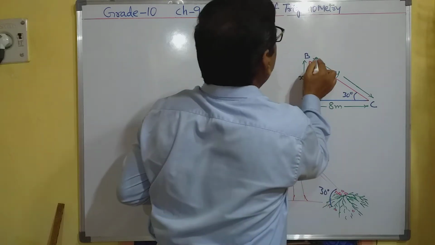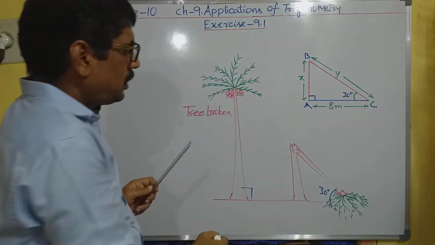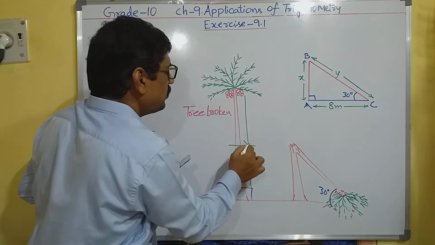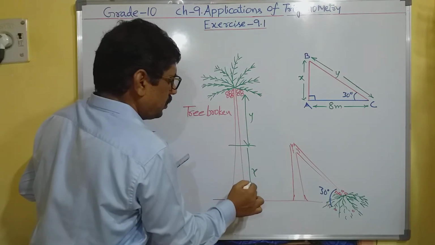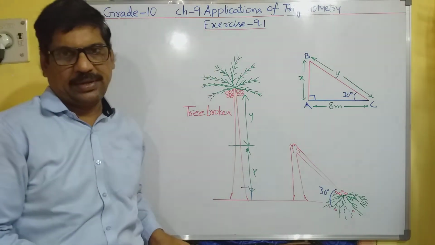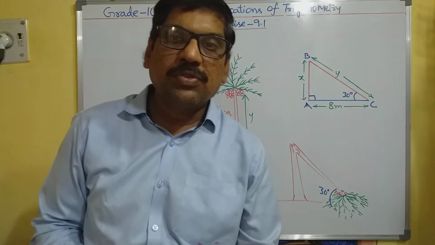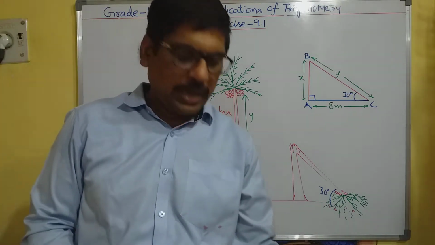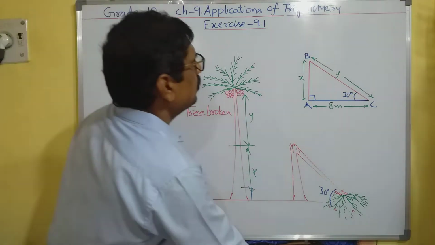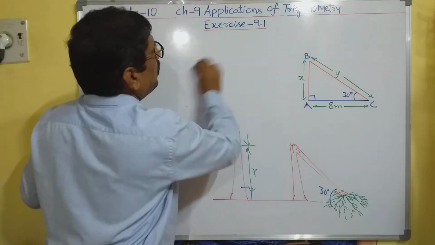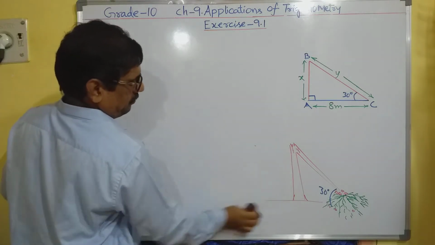To find the total height of the tree, since it was broken here, this is x and this is y, we need to find x plus y. So we need to find the values of x and y separately, and then add them to get the total height of the tree. Let us do this problem with the help of a geometric diagram.